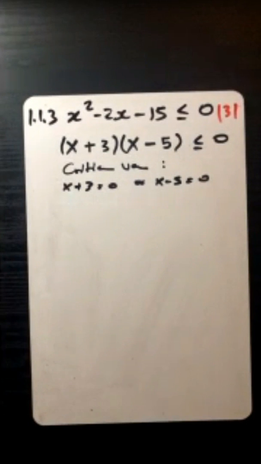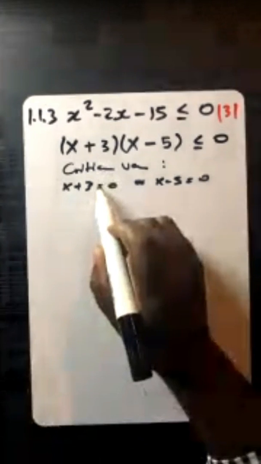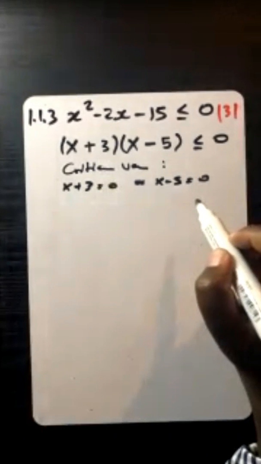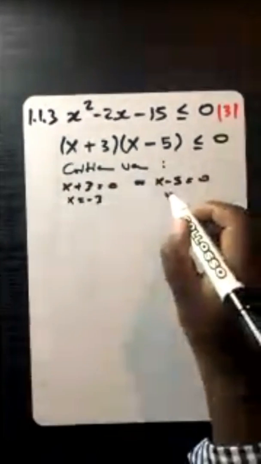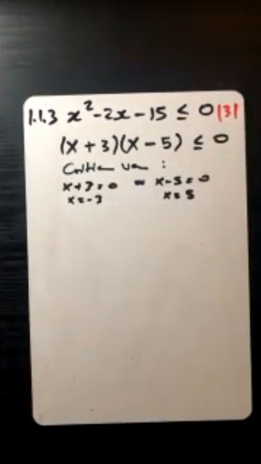Someone once asked a very good question: why are we now using an equal sign over there? So I think I said when you find the critical values, that's when you use an equal sign. So x equals, obviously, negative 3. x equals, obviously, positive 5.